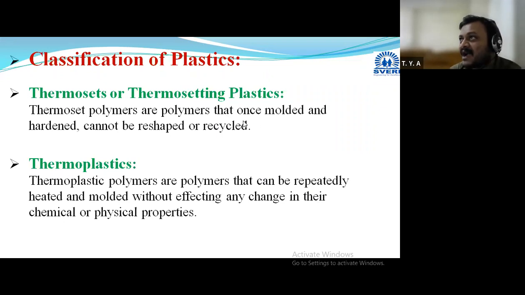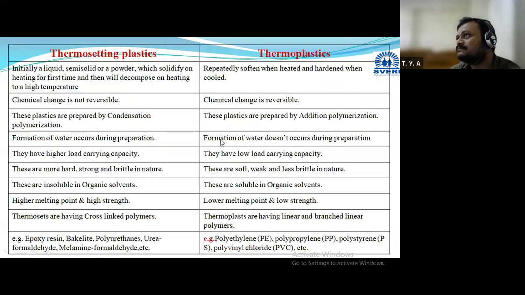At the end, I have added one comparison slide also. If you are able to remember this one slide only, it is also sufficient. On the left side, I have added thermosetting plastics, and on the right side, thermoplastics with examples. This is the comparison chart.